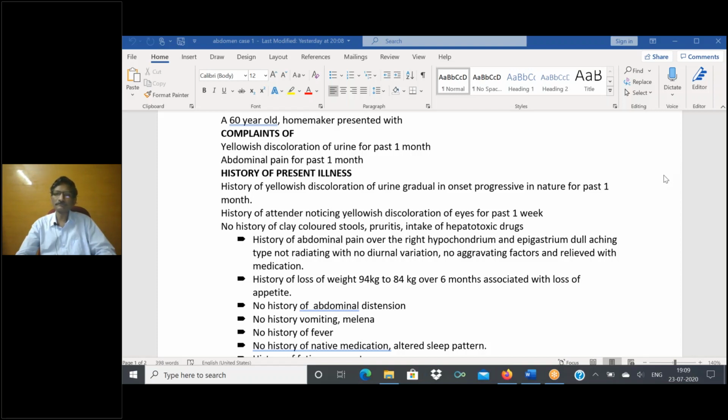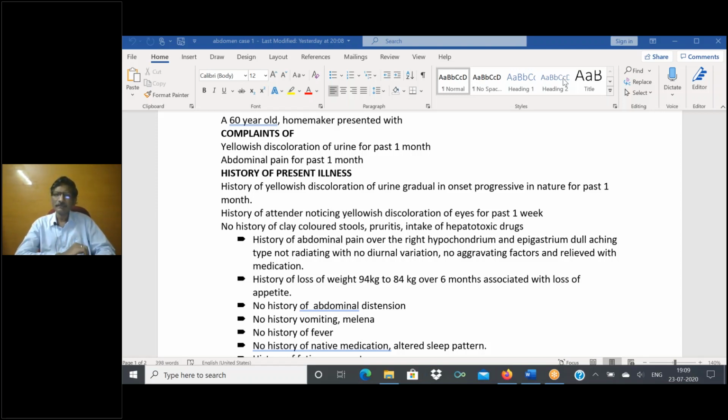So whenever you are including input from the relative, ensure that you include them in the informant also. In this case, I would prefer, since the patient herself is telling 1 month, 1 week yellowish discoloration. Okay, patient didn't know the yellowish discoloration? Am I right, Vignesh?